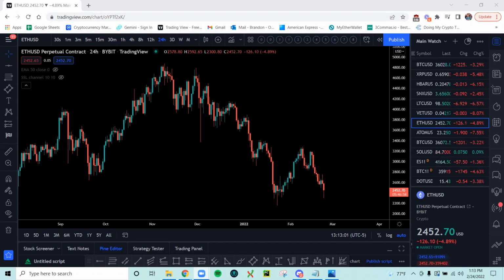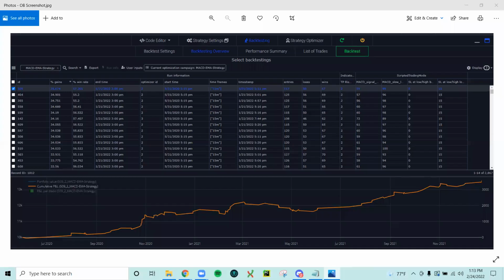So I actually want to show you a cumulative P&L graph of one of our most basic strategies that we're using here. So let me pull this up for you. As you can see here, we started this strategy and back tested it from May of 2020 up until the beginning of 2022.